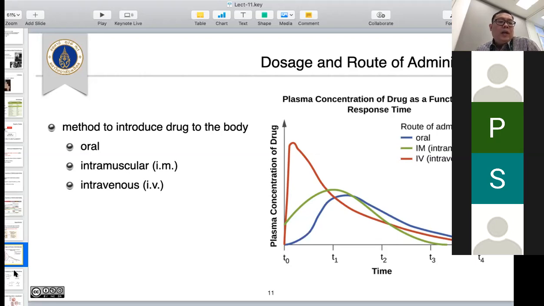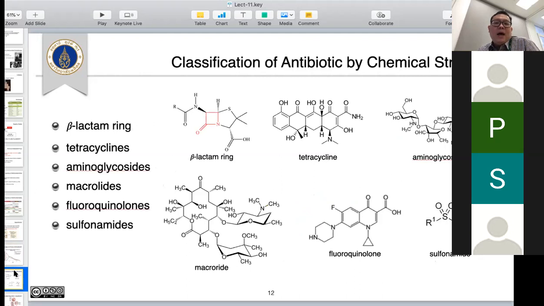Well, when we classify antibiotic by structure, I don't want you to remember the structure, but I want you to understand the basic core structure. There are a lot more than this, okay? These are 6 groups that you probably see very often when reading through the text.